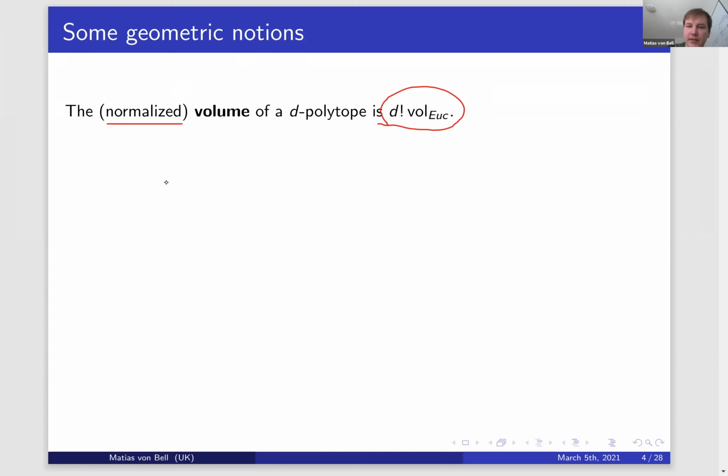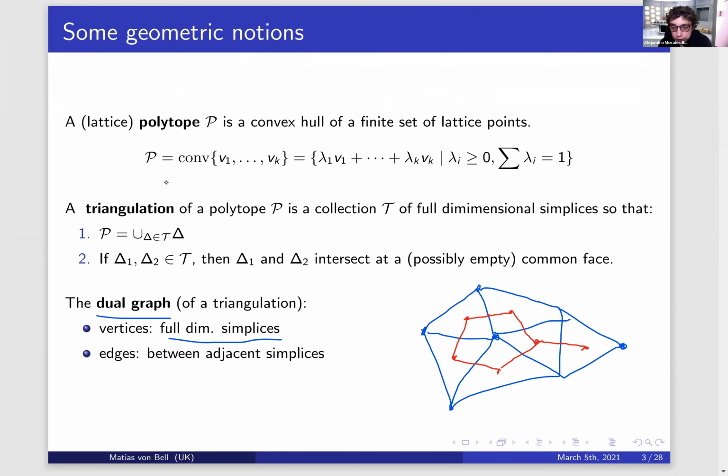So Matias, I have a question. In the previous case, if you have another triangulation, I guess the graph would be different. Yes, exactly. So let's do a different triangulation.